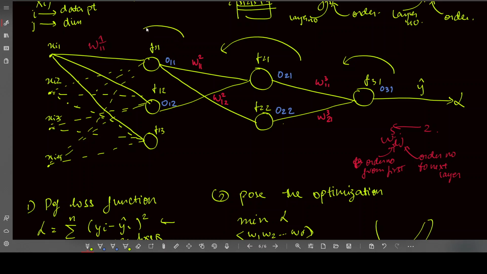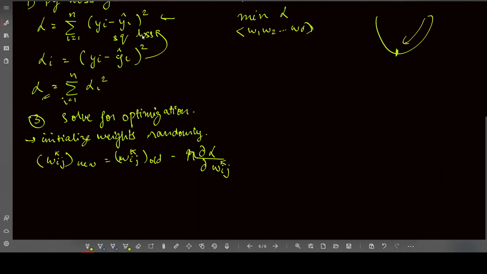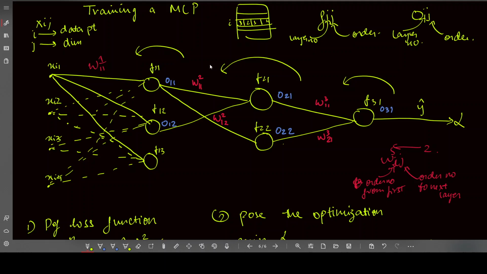So I have to keep going one step back. I'm going to take it one step at a time so that you understand. First, I have to find my weight. I have to differentiate the loss function with respect to my weight dou w311. I'm taking it one at a time. I'm going from my loss function to this weight w311.